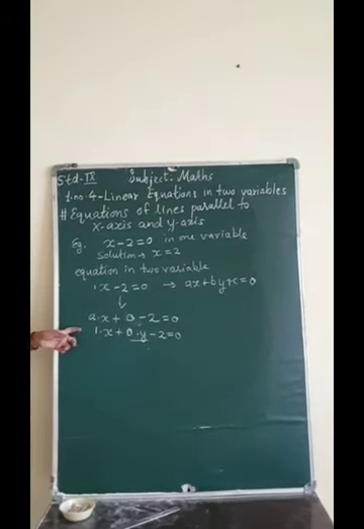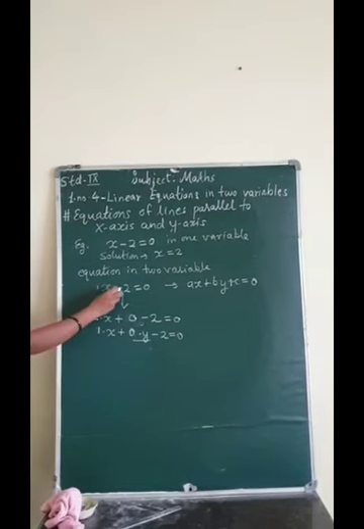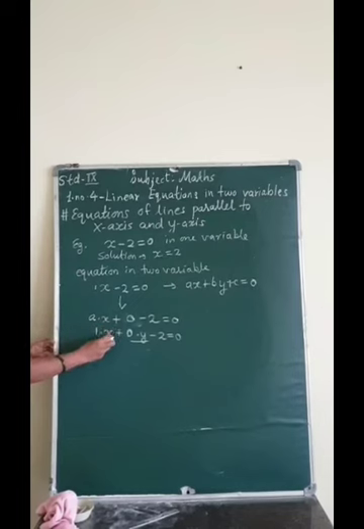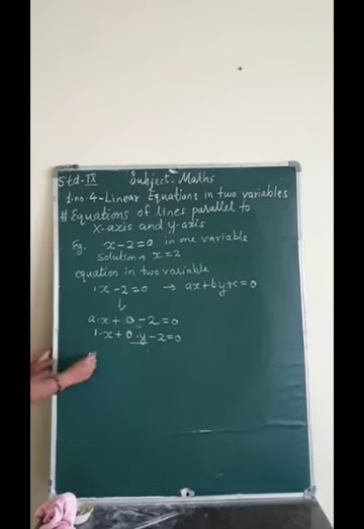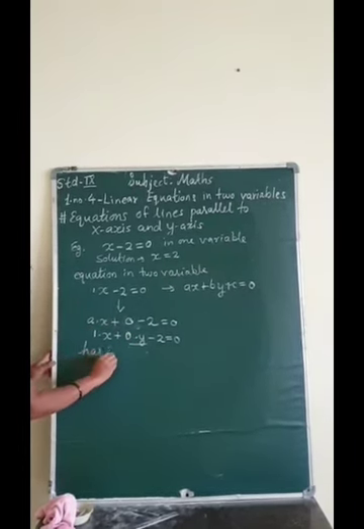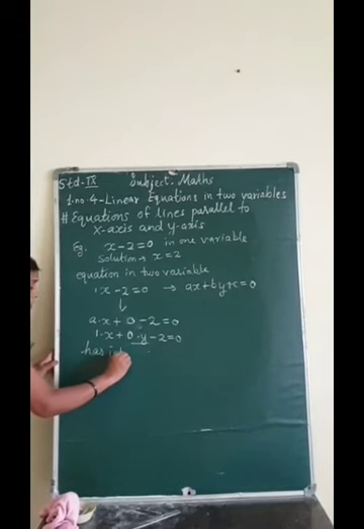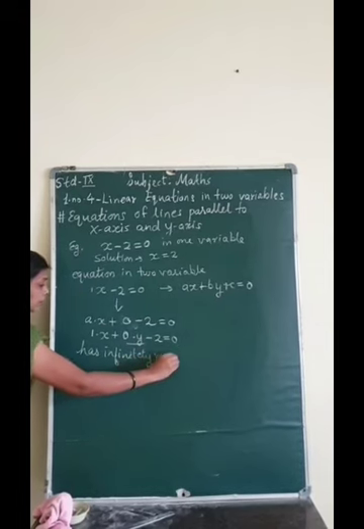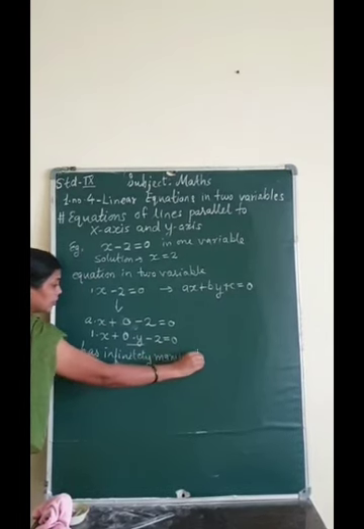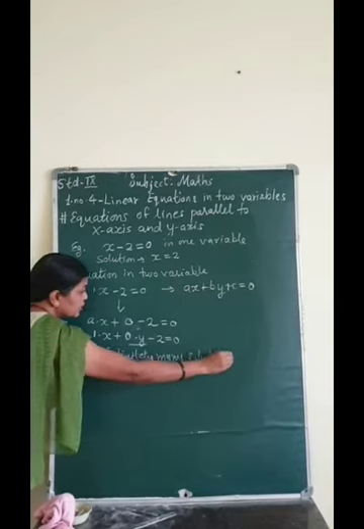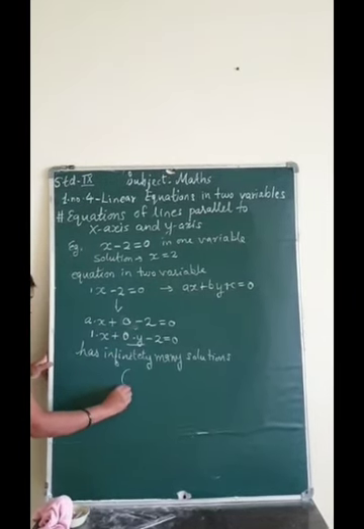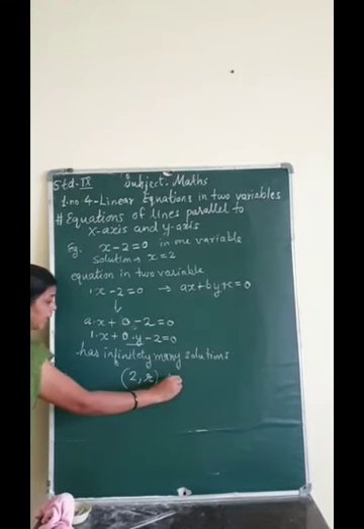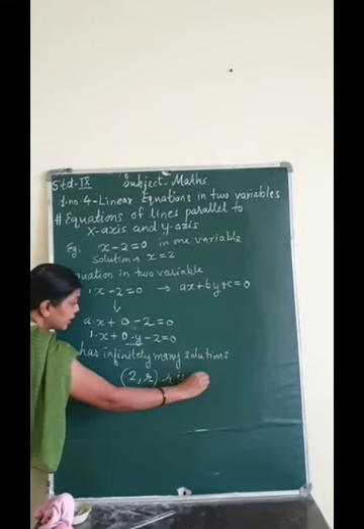So this is how, if we write this equation in two variables, we get the equation in this form, which has infinitely many solutions. And all these solutions are in the form (2, r), where r is any real number.